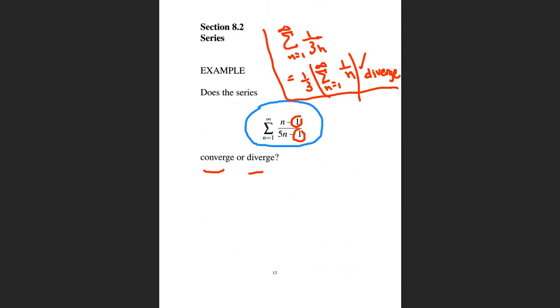Yeah, they do not. I mean, you have to consider them in computing terms of the series. But the point is, when n is large, basically the terms of the series are going to act like n over 5n, which is equal to a fifth.